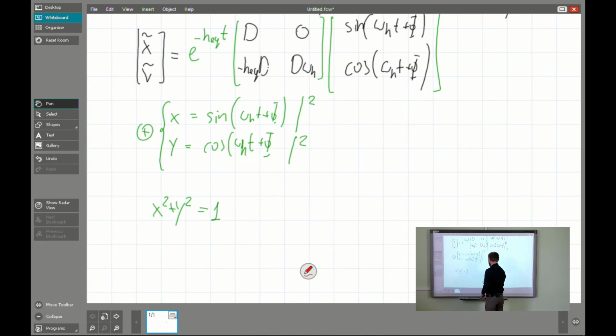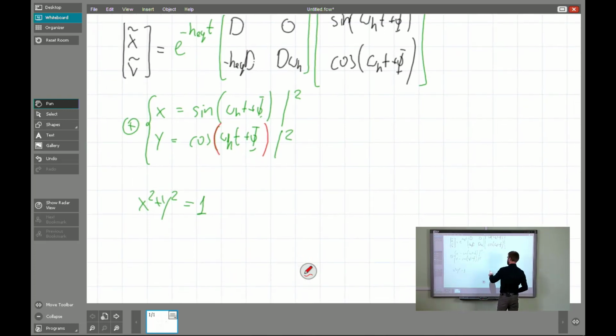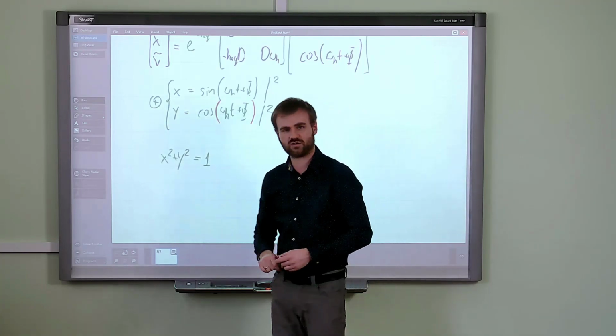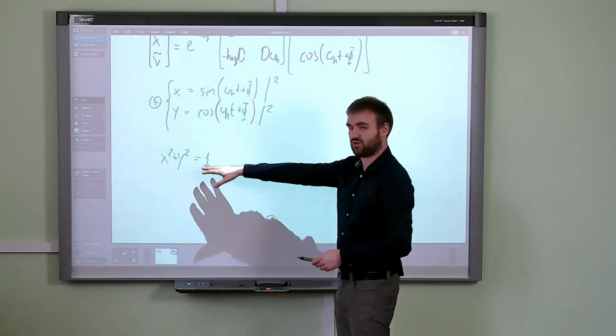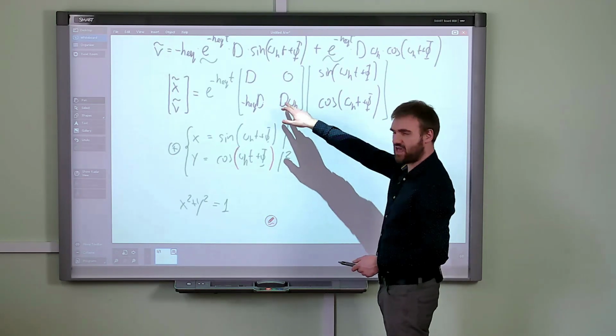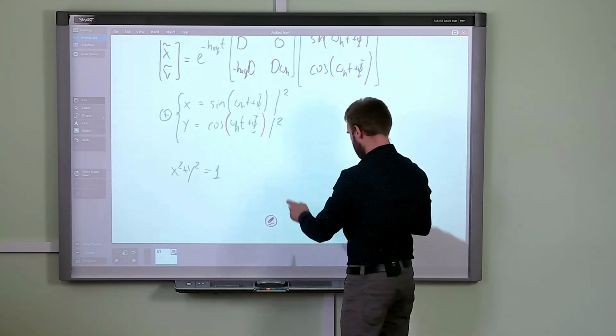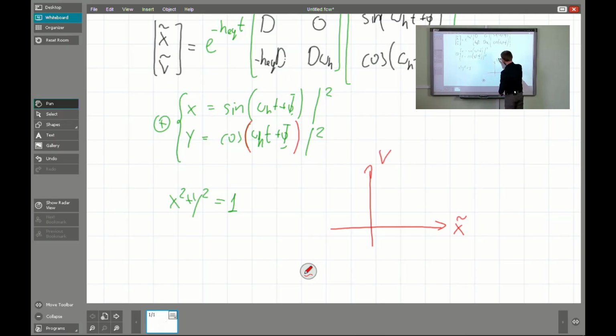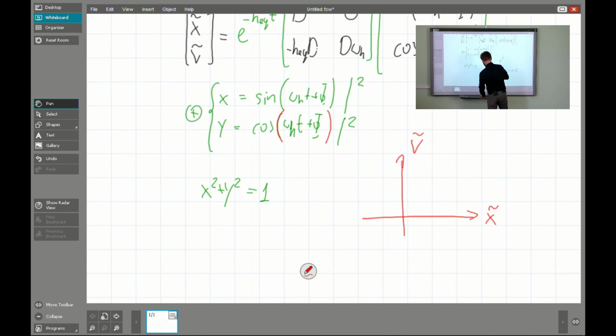Oh, I forgot about the parentheses. I will show it in red color to emphasize that mistake. Okay, and we see that it's an equation of the circle. It means that on the Cartesian plane, the circle will be visible, and due to that affine transformation, we will see something different on the phase plane, x tilde, v tilde, because on the Cartesian plane, x, y, we will see the circle.